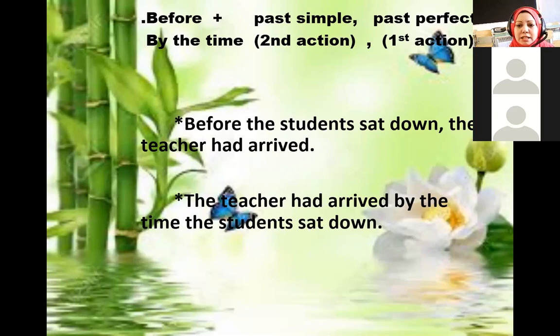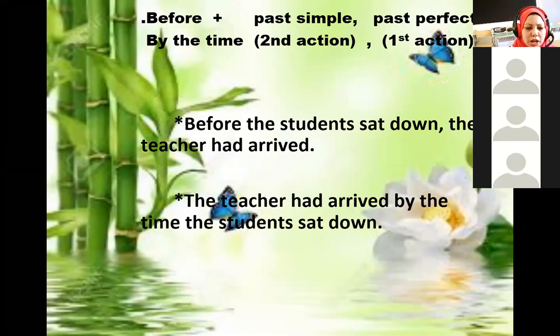So let's summarize what we have said. The past perfect tense can express two things. First, an action that happened in the past before a specific time. The second use is to express an action that happened before another action. What are the time expressions or linking words that we can use with the past perfect tense?